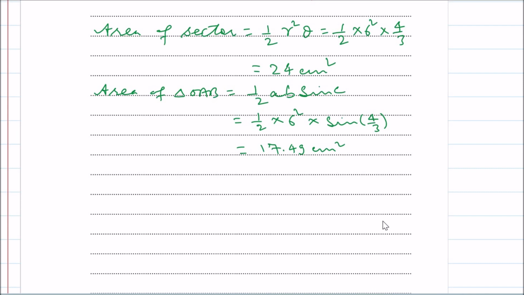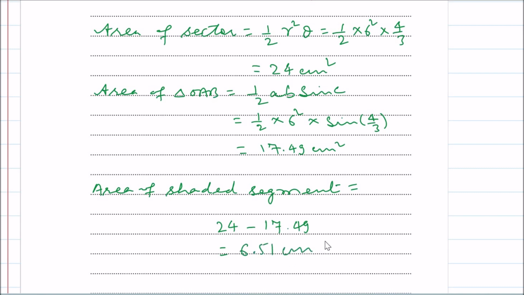Now we need to find the area of the shaded segment. So the required area of the shaded segment is the difference of both, equal to 24 minus 17.49, and that is 6.51 centimeter square.